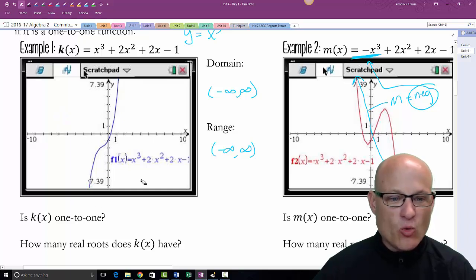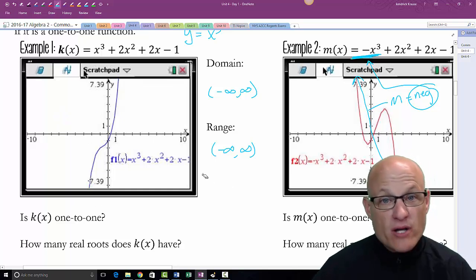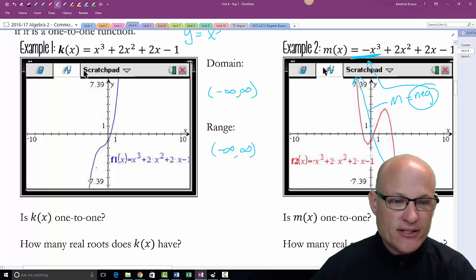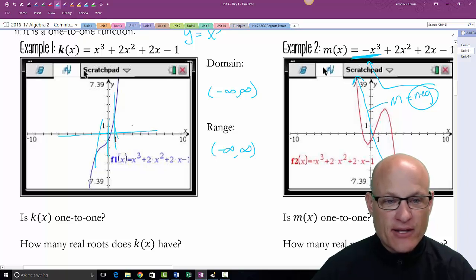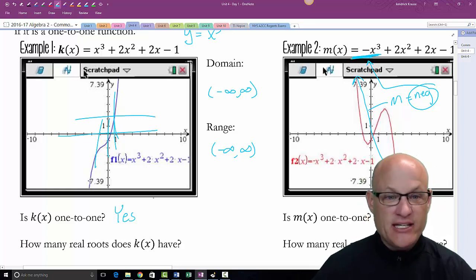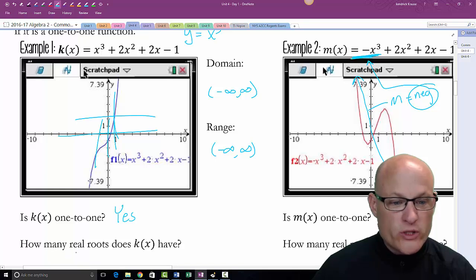Let's answer a couple of questions about these. Is it a one-to-one function? Now remember, a one-to-one function has to pass both the vertical and horizontal line test. It passes the vertical, no matter what. It gets steep, but it still passes, and it passes the horizontal. So in this case, this one is yes. How many real solutions does it have? The key on this one was the words real solutions.